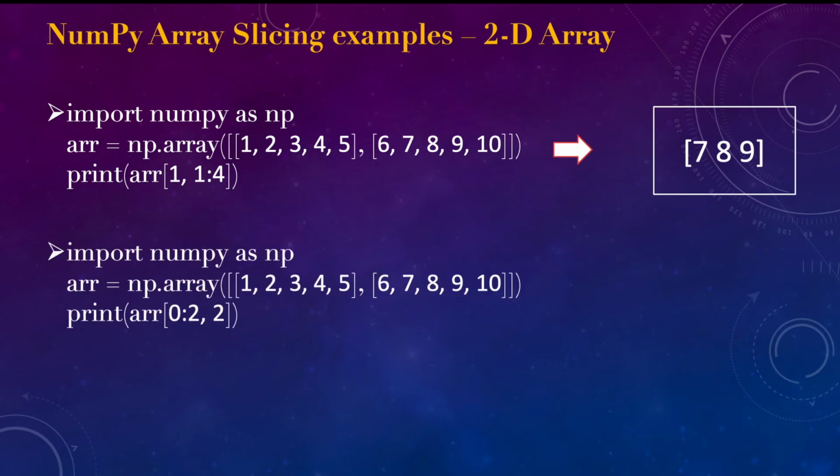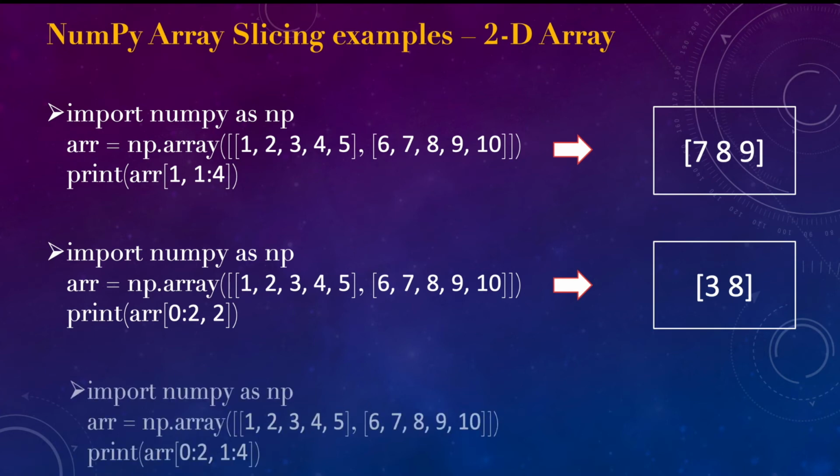In the second example, we have given 0:2 as the first value and 2 as the second value. So 0:2 means all the 1D arrays whose index starts from 0 till index number 1, and the second element, which is 2, means the third elements of all the 1D arrays. That is, in the first 1D array, the third element is 3, and in the second 1D array, the third element is 8.